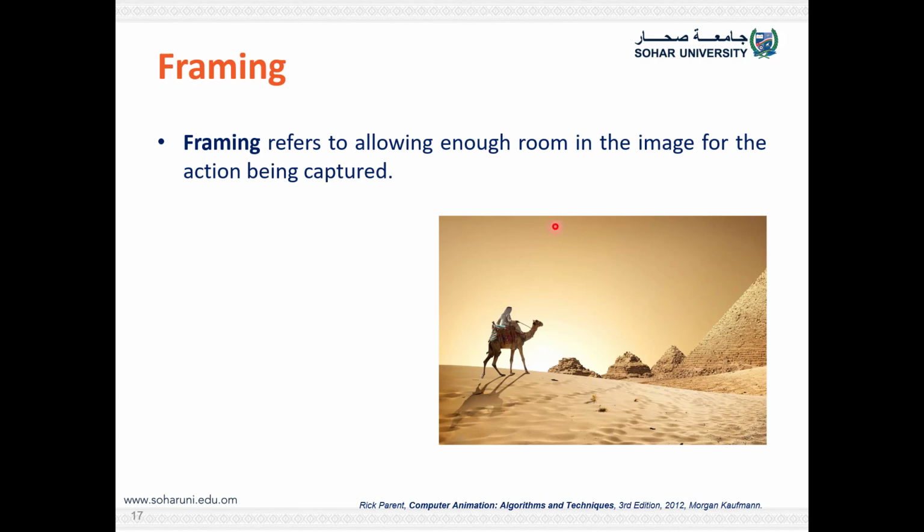For example, here in this image, if I cut the image from here, I cannot understand what this person is moving toward. But here, with all of these details and enough room as mentioned in the definition, I can understand this person is moving toward the pyramids. So it's clear for me.